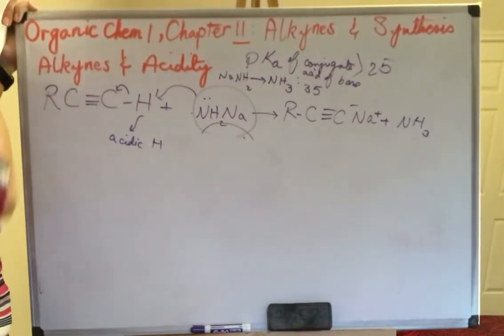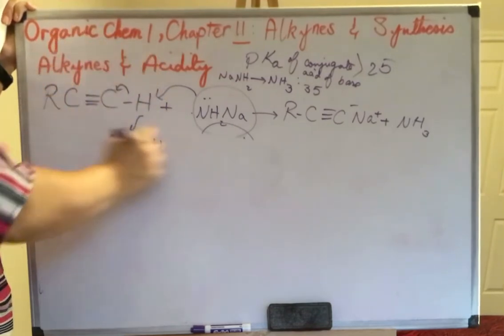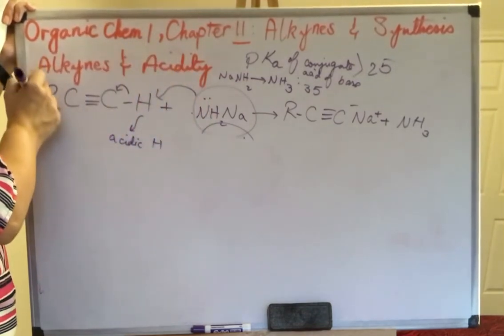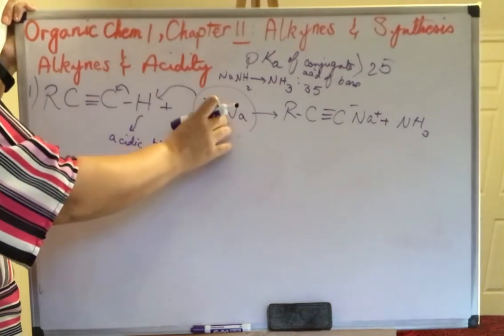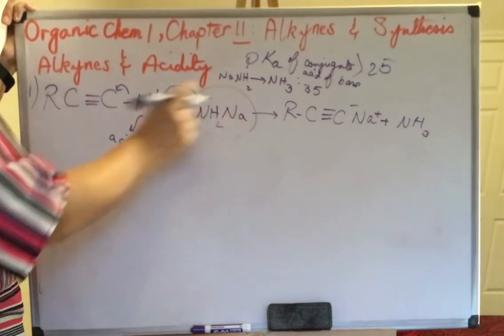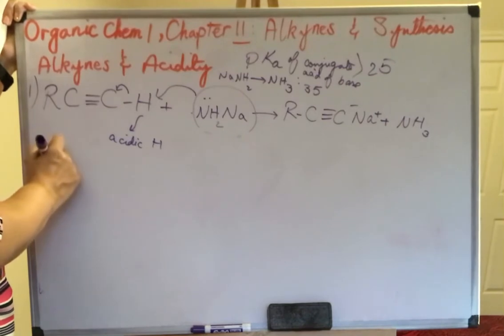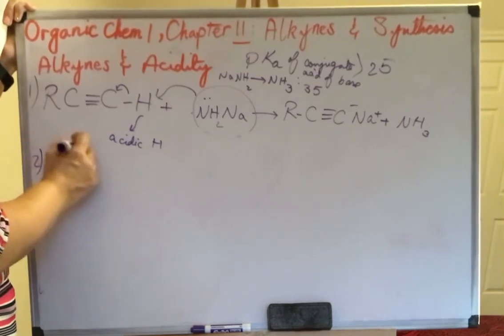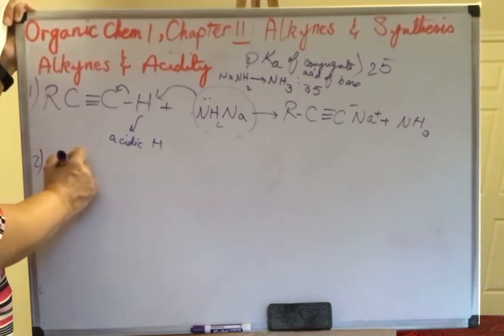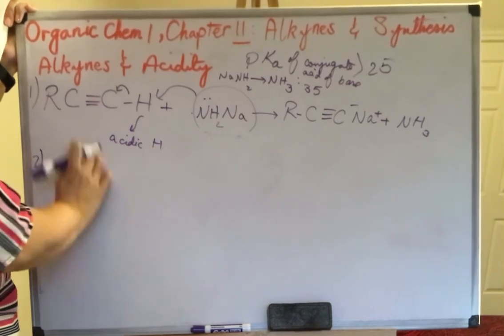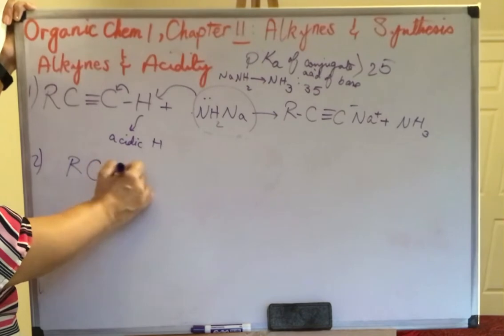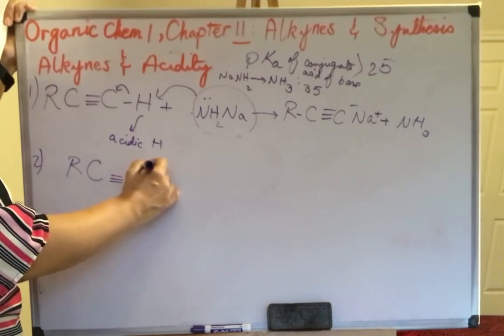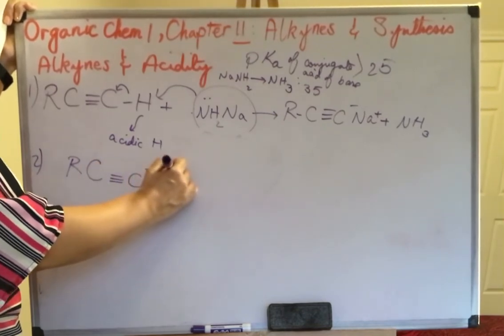So look what happens. This is the first step. We have an alkyne, we have to add a strong base to it like NaNH2, and as soon as we get this, I'm trying to synthesize or alkylate a new compound.